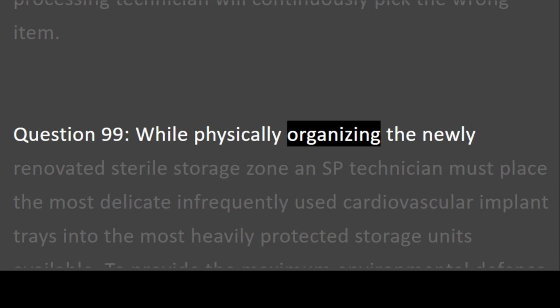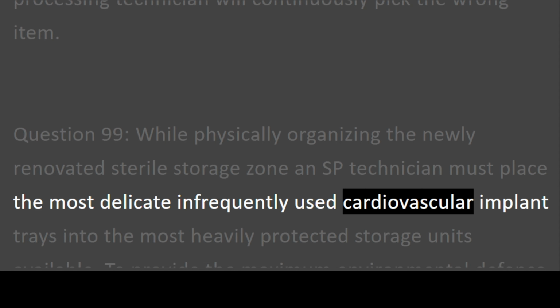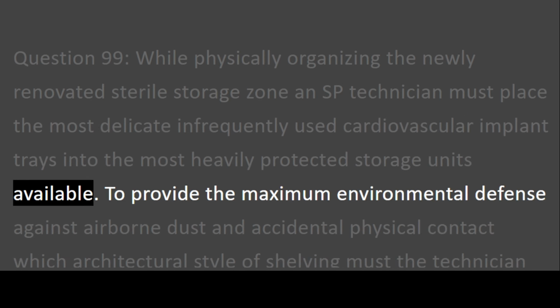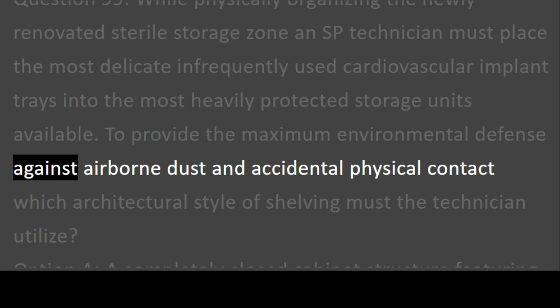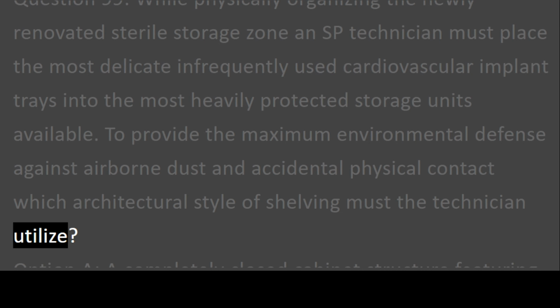While physically organizing the newly renovated sterile storage zone, an SP technician must place the most delicate, infrequently used cardiovascular implant trays into the most heavily protected storage units available. To provide the maximum environmental defense against airborne dust and accidental physical contact, which architectural style of shelving must the technician utilize?